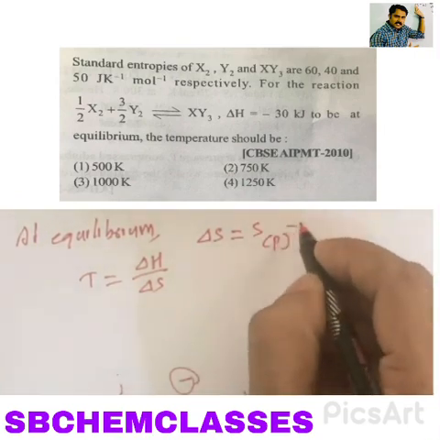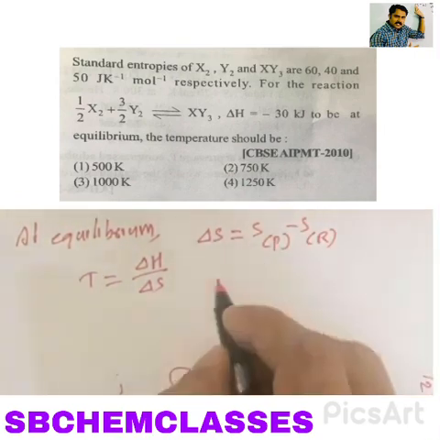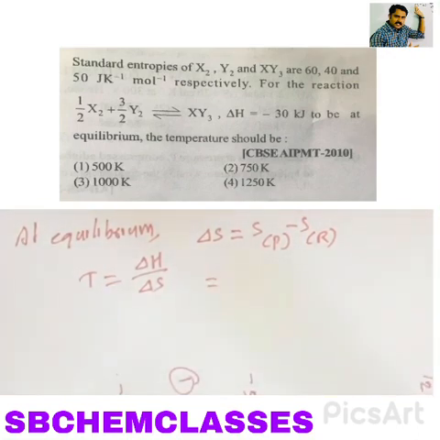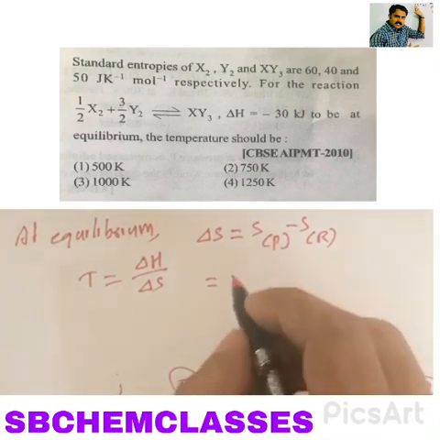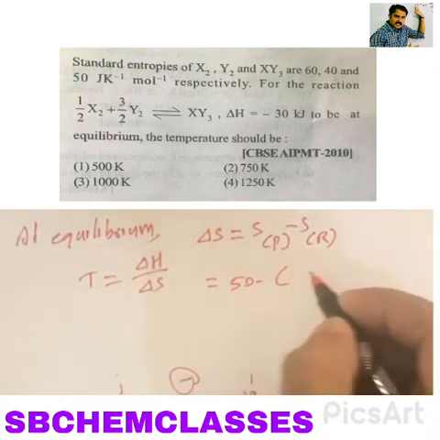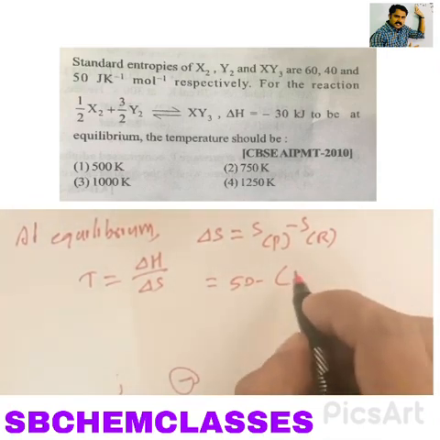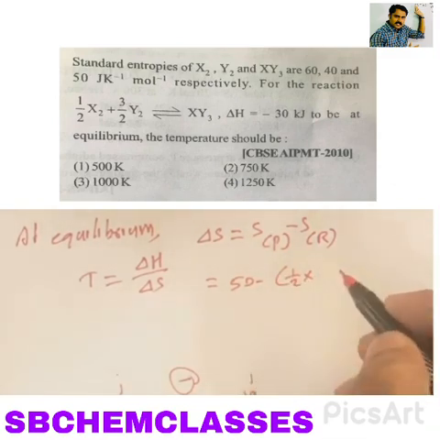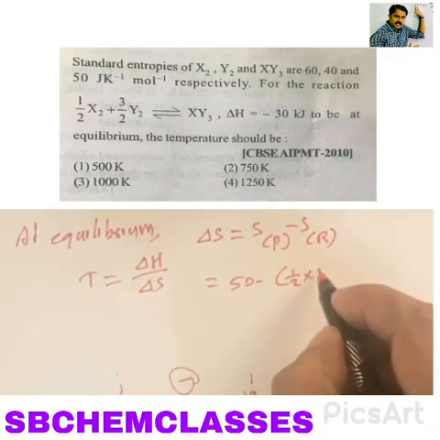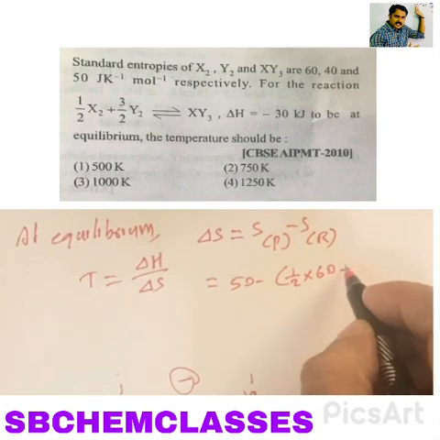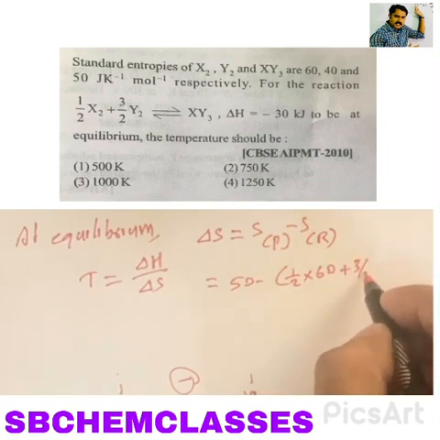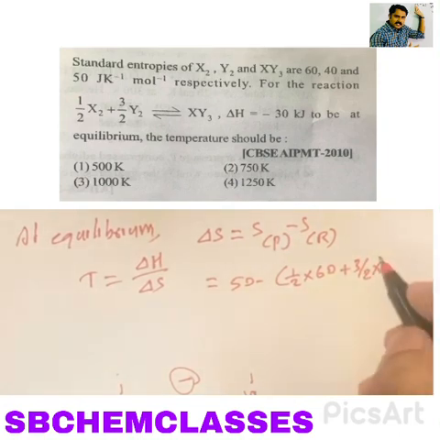Entropy of products minus entropy of reactants. XY3 is the product. Its entropy is 50 minus half into X2 entropy 60 plus 3 by 2 into Y2 entropy 40.